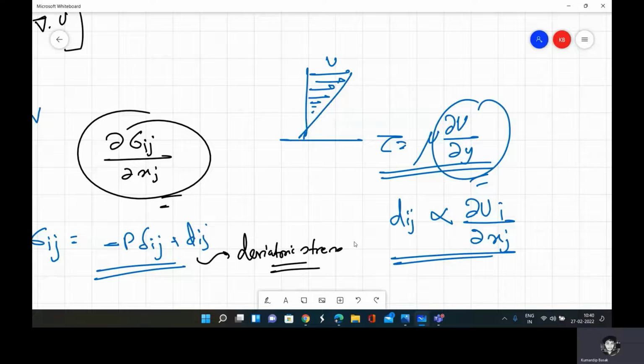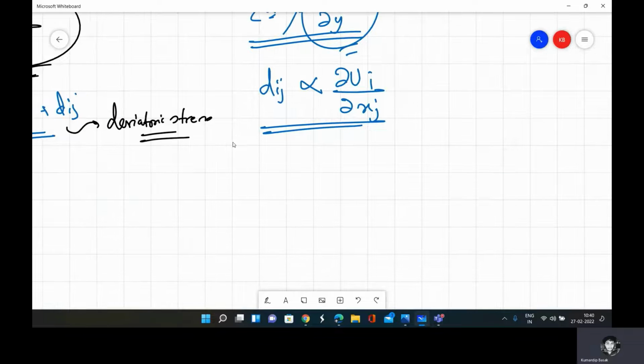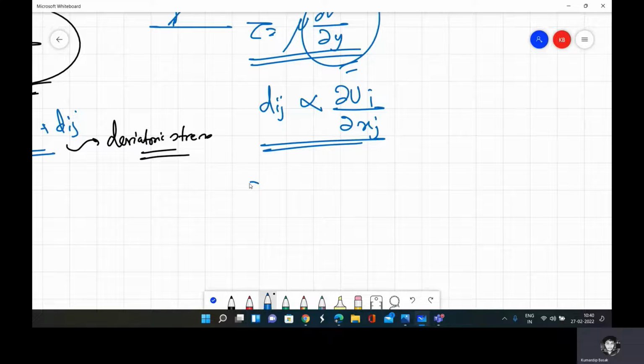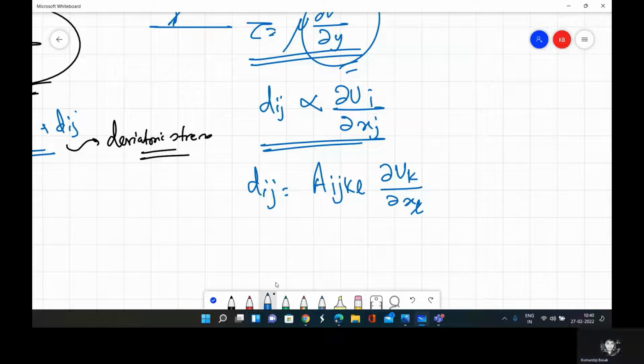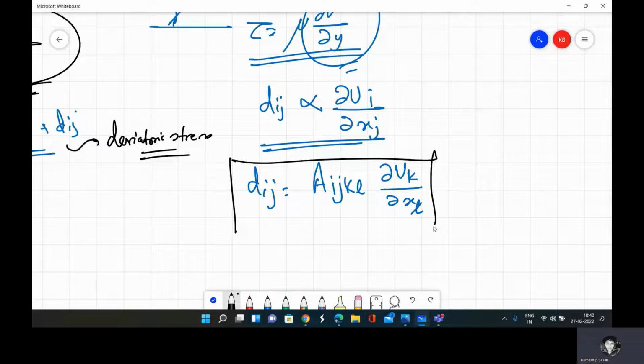We consider this constant of proportionality as, let's say, D_ij equals some A_ijkl into dou u_k by dou x_l. This is a mathematical construct again. What is this A_ijkl?